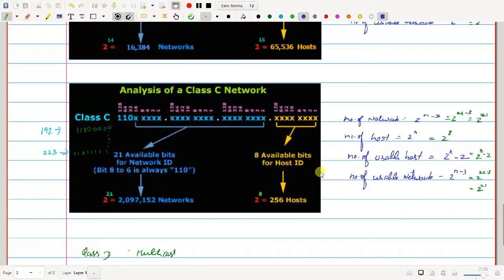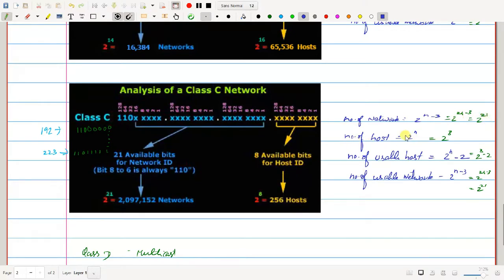Then we're going to see about the class C address. In class C, the first three octets are network bits and the remaining octet is host bits. Here the first three bits are always 110. Then as we increase, we get that 192 is the starting address of class C and 223 is the ending address. The total number of networks in class C is 2 power 24 minus 3, because the first three bits are reserved, which equals 2 power 21.